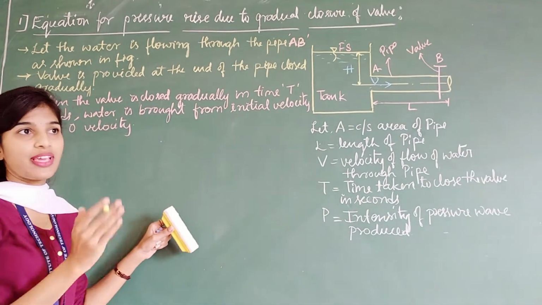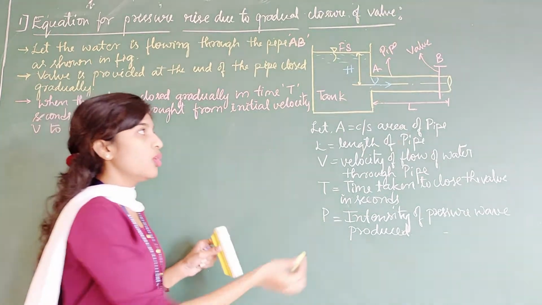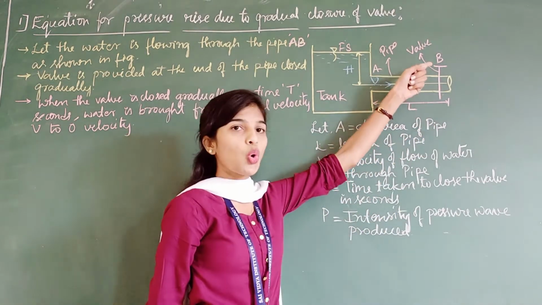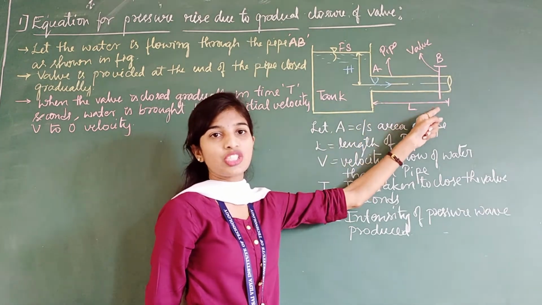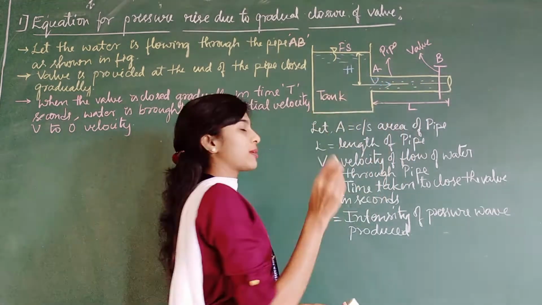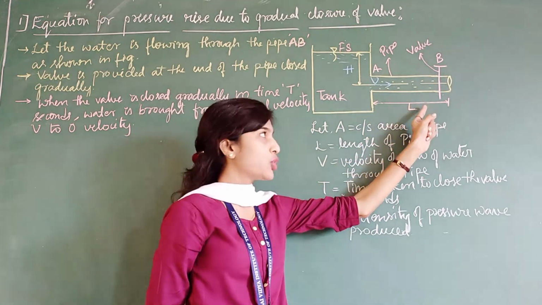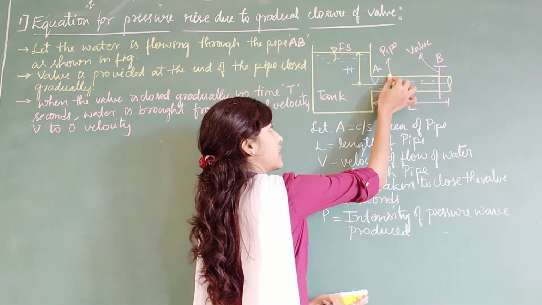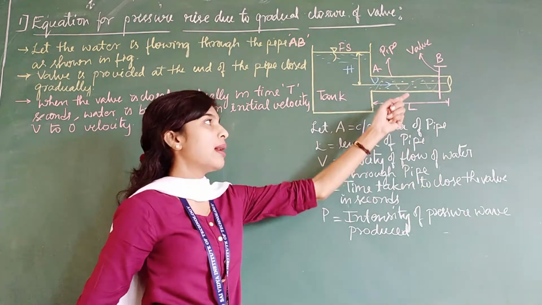As we have discussed what surge analysis and the water hammer effect are, once the valve provided at one end of the pipe is closed, the momentum of the water flowing through that pipe is going to be destroyed, and due to that a high pressure wave is going to be produced in the pipe.